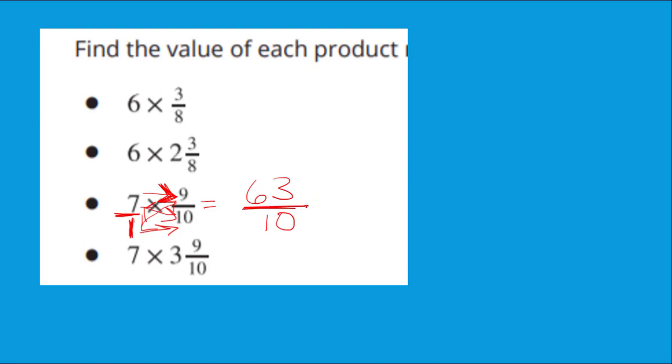Okay, now I'm going to simplify because it's improper. 63 divided by 10. Bottom dog outside the house, top dog inside the house. Can 10 go into 6? No. Can 10 go into 63? Yes. How many times? 6 times. Multiply. 6 times 10, 60.